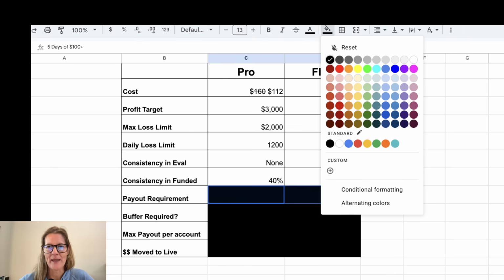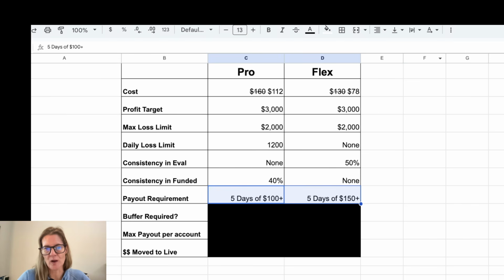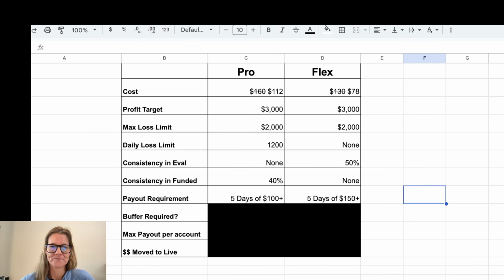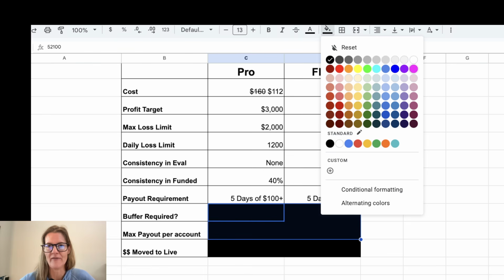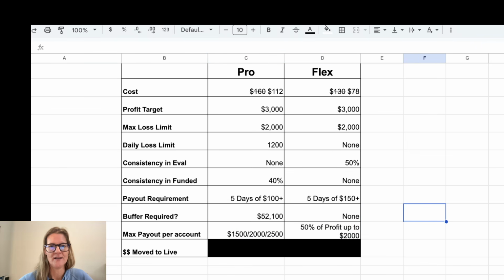To get a payout, let's start talking about how to qualify for payouts in these accounts. In the Pro account, there's a couple rules. So I'll actually unhighlight both of these so we can talk about how to qualify for a payout in these accounts. With the Pro account, you have to have the 40% consistency rule across all of your profit days.